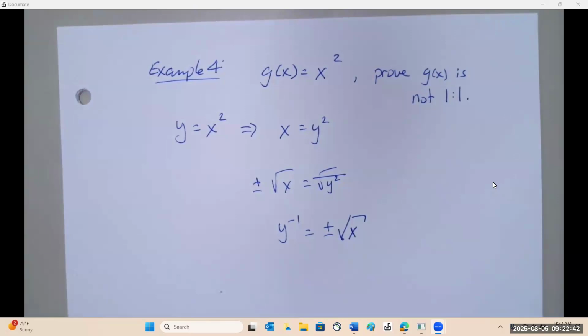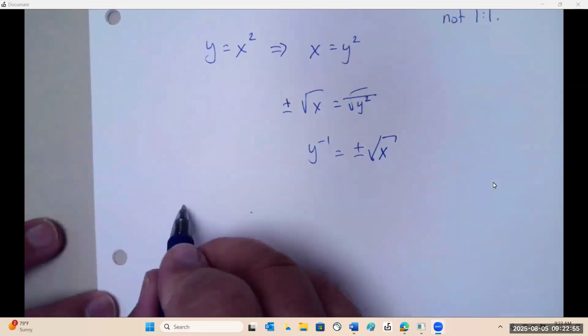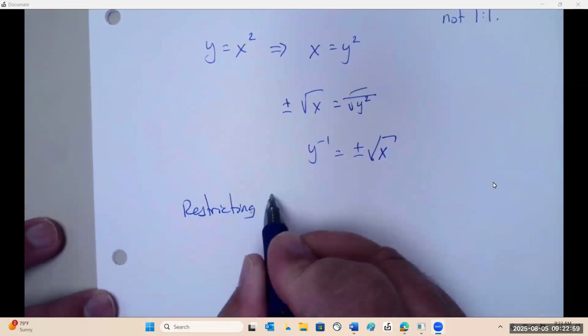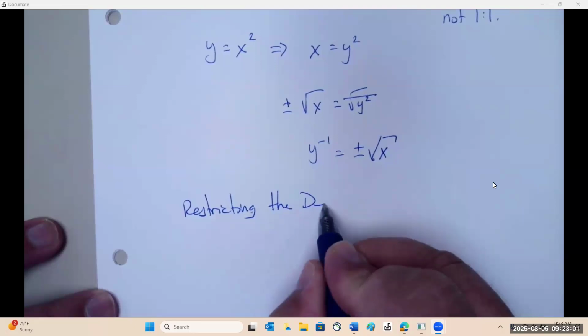But they are still inverses of each other because we just proved it earlier. If we take the square root of x and put it inside of x squared, we get x. If we put x squared inside, that's called restricting the domain.